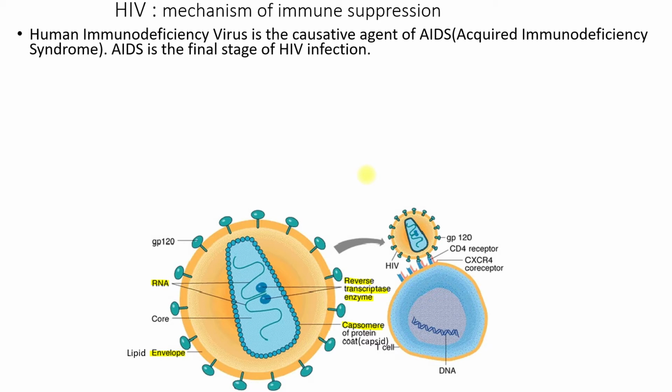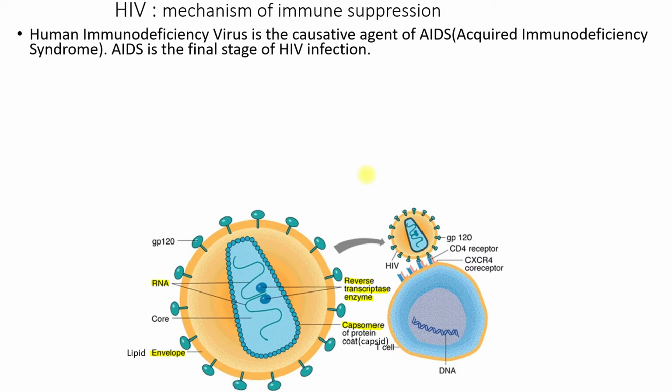So I mean, if someone gets HIV, that particular individual does not necessarily have AIDS yet, right? That individual having AIDS means that the individual is already in the final stage of the HIV infection.